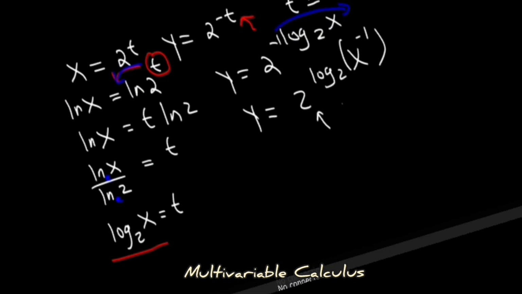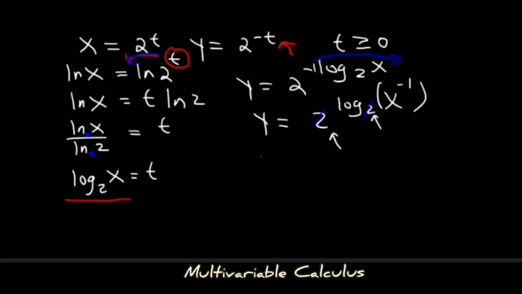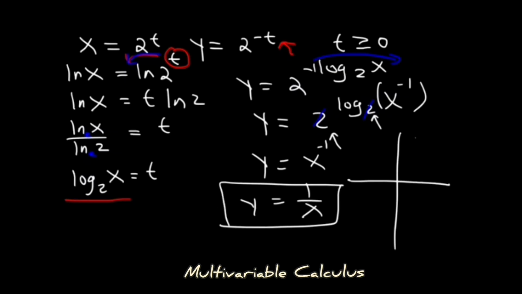The fact that these two numbers are the same, they will cancel, and it turns out that the answer is simply x to the minus 1, which is 1 over x. So that's the equation in terms of x and y. The graph of 1 over x looks like this. However, we have a restricted domain, so we only need a portion of this graph.